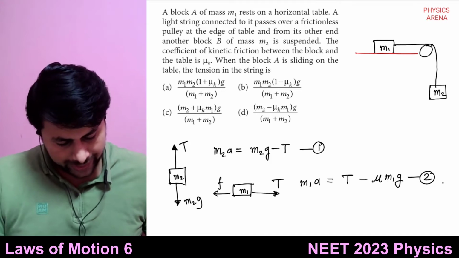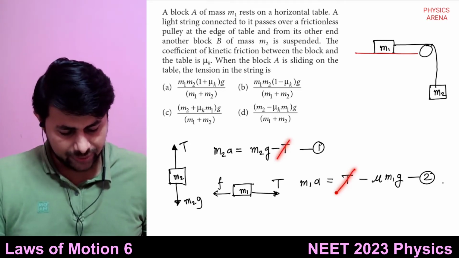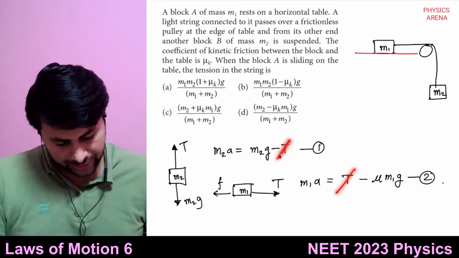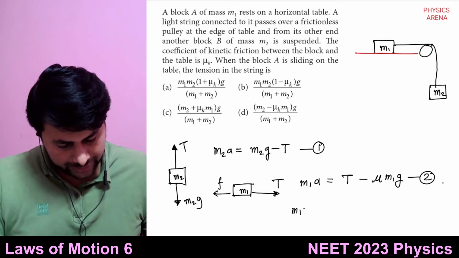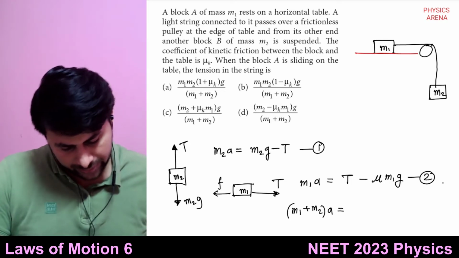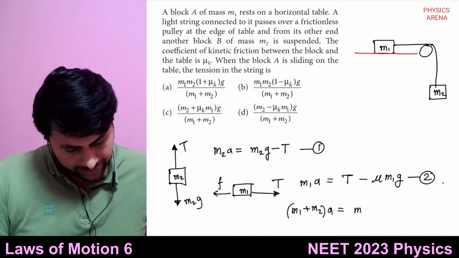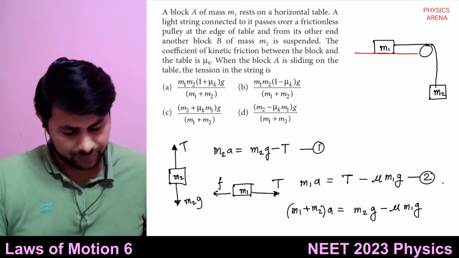So if we add these two, what do we get? Tension gets cancelled out, right? So we get (m1 + m2) times A on the left-hand side. It's equal to what? m2 times g minus mu times m1 times g.